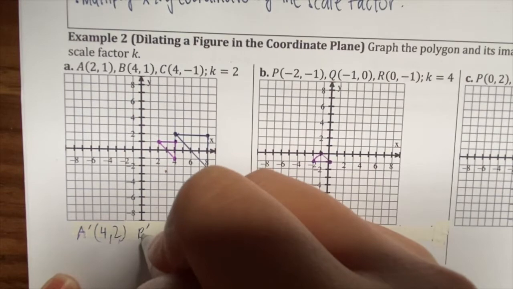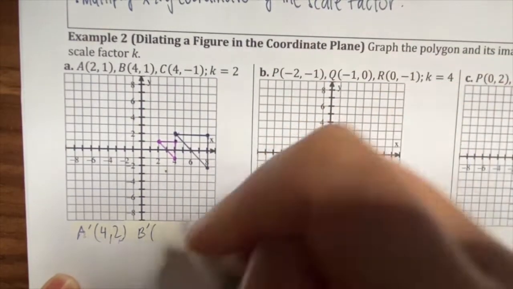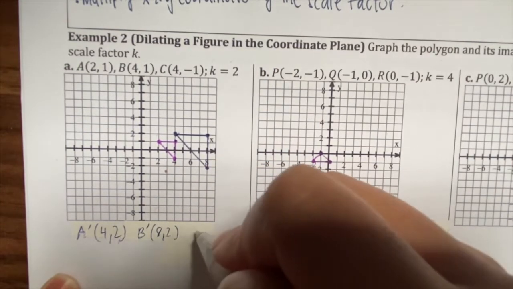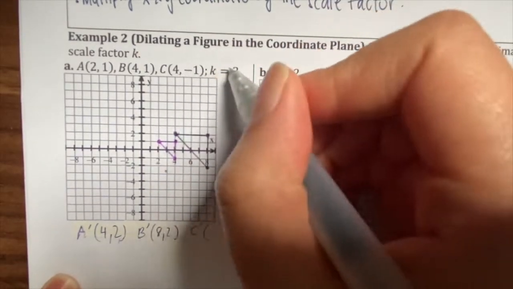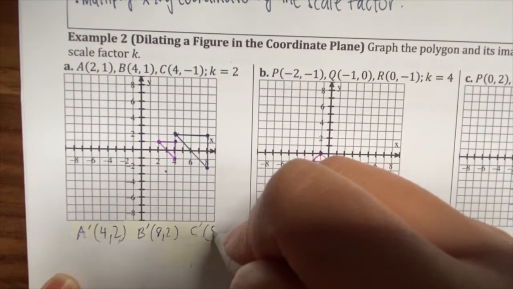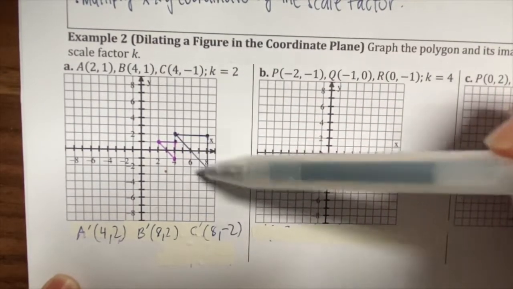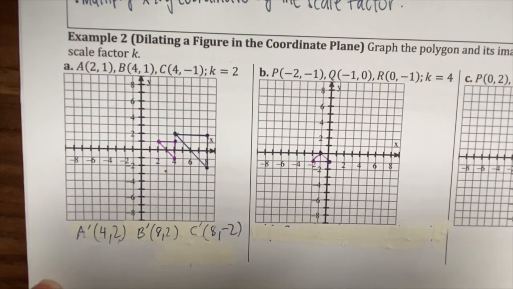B prime will be 4 times 2 and 1 times 2, 8, 2. And C prime, we're going to do the same thing, 4 times 2, negative 2 times 2, that's 8, negative 4. So there, I plotted these points and we got the dilation of the pre-image.